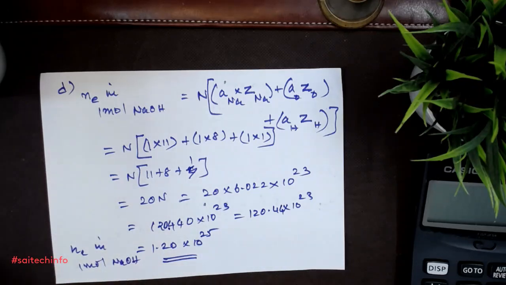Now the twist is, I have given just 1 mole, but if I give a weight, what will you do? For example, take down: calculate the total number of electrons present in 20 grams of sodium hydroxide.